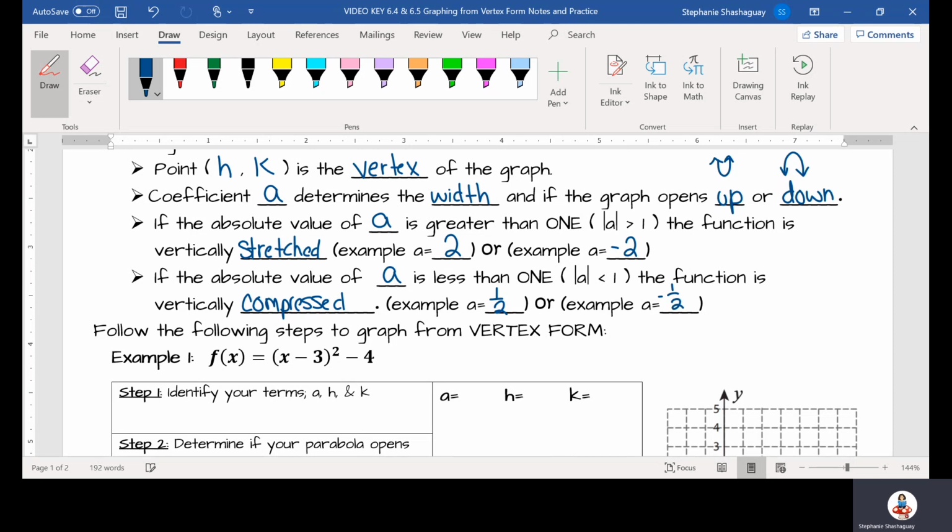Now stretched, and I'll try to give you an example here, is a really skinny parabola, okay? And a compressed parabola is going to be one that looks a little bit more like that, where it's a little bit more flattened out. Let me erase that and give you a better example.